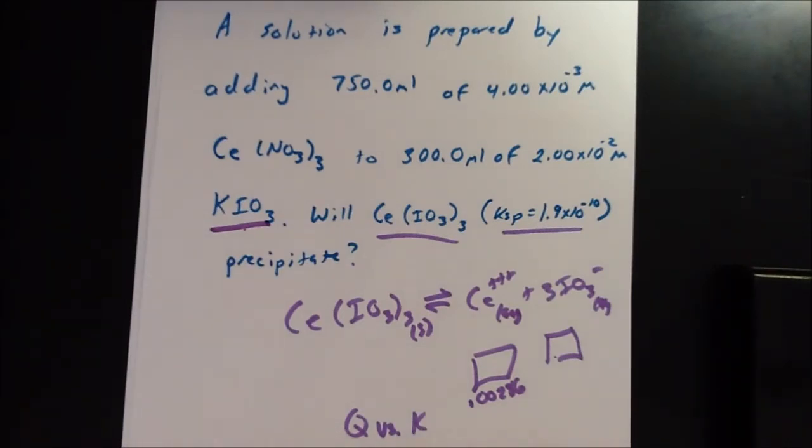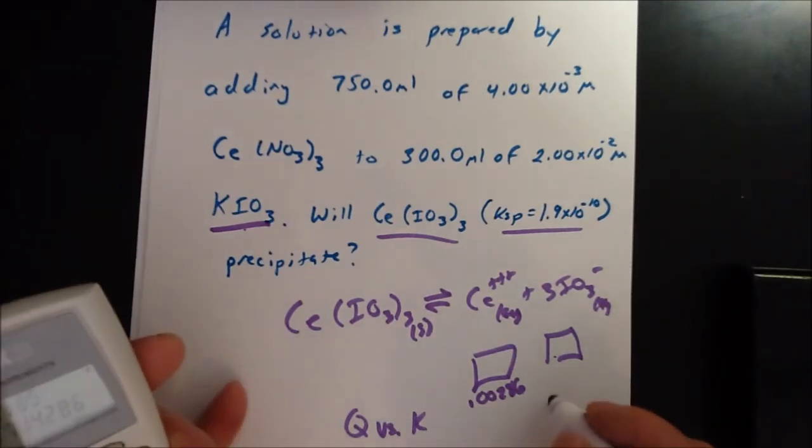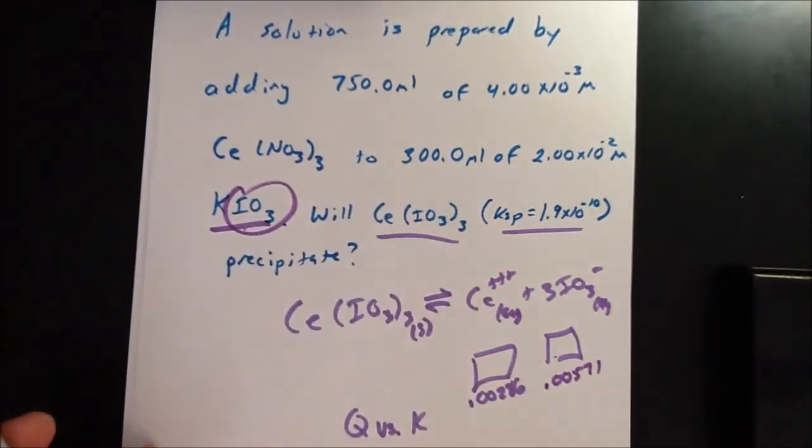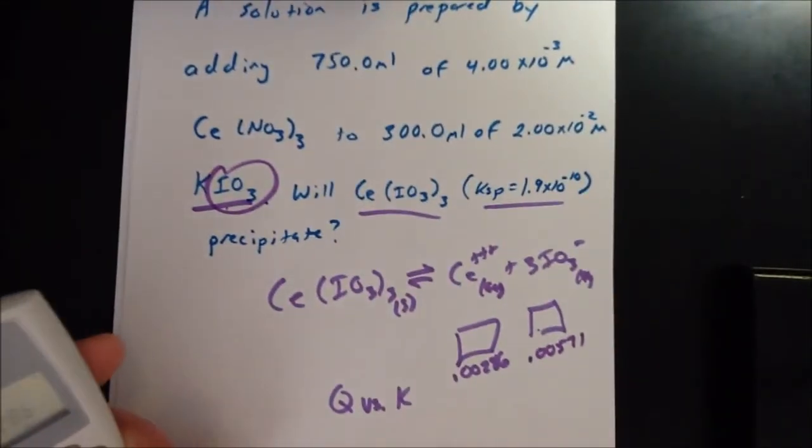So there's only one when that ionizes. Real quick, similar calculation, 2 times 10 to the negative 2 times 0.3 liters to get my moles, divide by 1.05 total liters diluted, 0.00571. Again, didn't multiply that by anything because there's only one IO3 minus for each of those that ionizes.